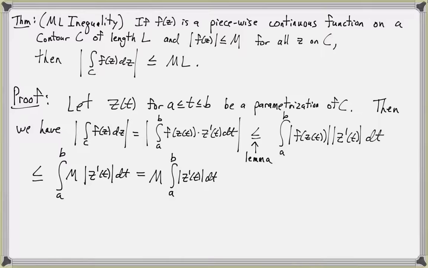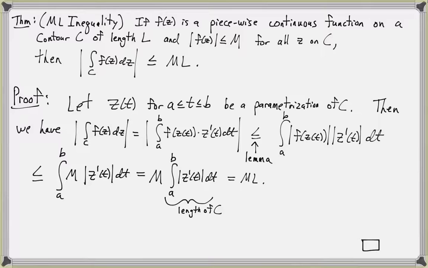And earlier when we looked at integrals of this type, we saw from calculus that we recognize this integral of the absolute value of z prime of t dt as the length of the contour C. And since the length of C we're assuming is L, this quantity will be equal to capital M times capital L. So therefore, the absolute value of the contour integral of f over C is less than or equal to M times L. So we'll see in the future that this ML inequality will be very useful when bounding contour integrals.